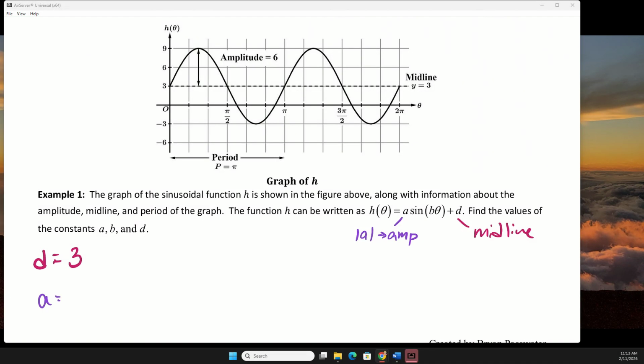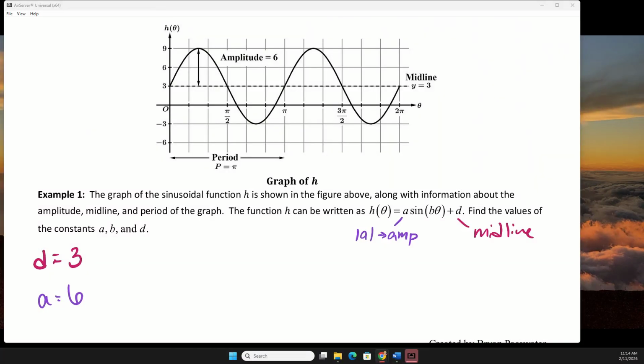And it tells you the amplitude is 6. And so, wait, hold on. Before I say that A is 6, let's hold on a second. Does this shape look like the regular sine or an upside down sine? That's a regular sine, so then A is positive 6. If it had been graphed upside down, then A would be negative 6.